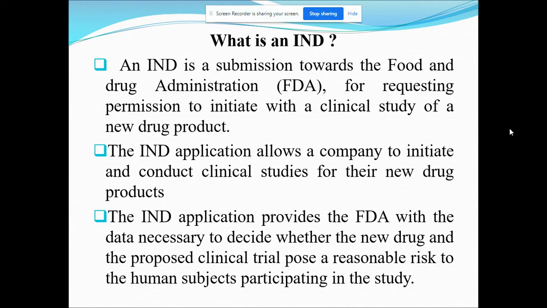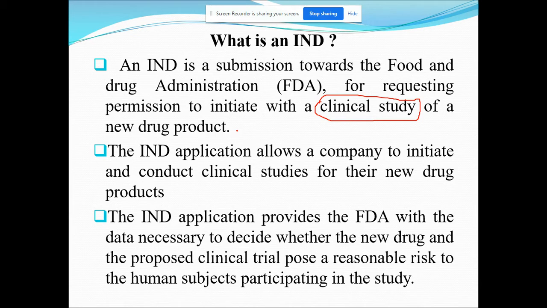IND is a submission toward the FDA, the Food and Drug Administration, for requesting permission to initiate the clinical study of a new drug product. Students, when you want to start the clinical study of your new drug, you have to make a request application toward the FDA.